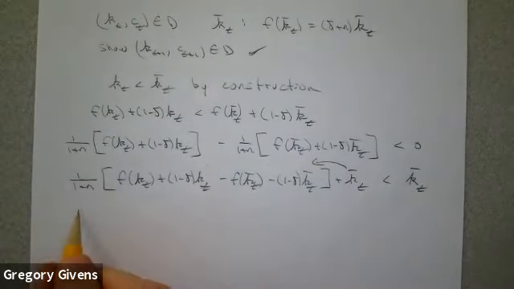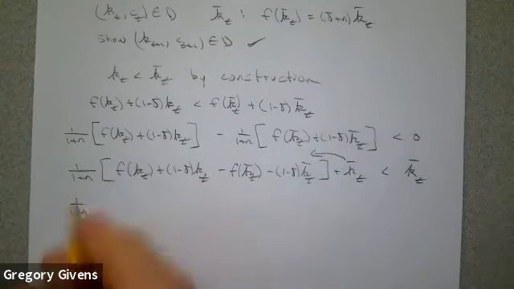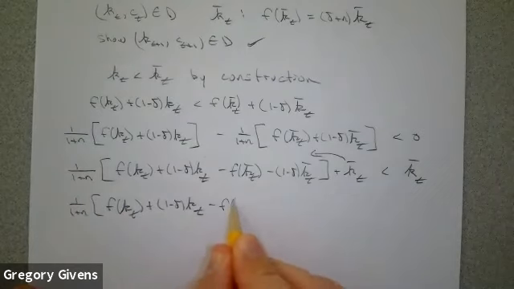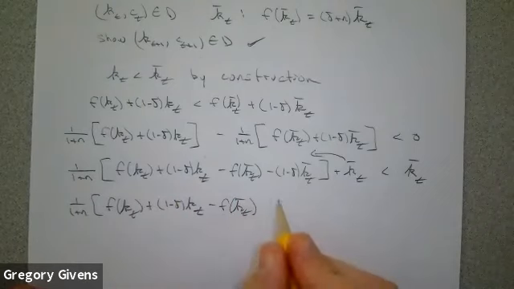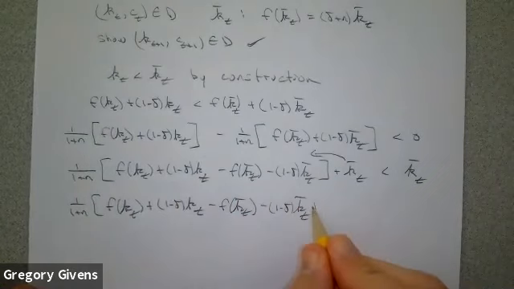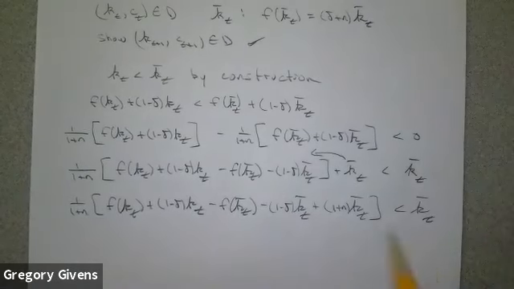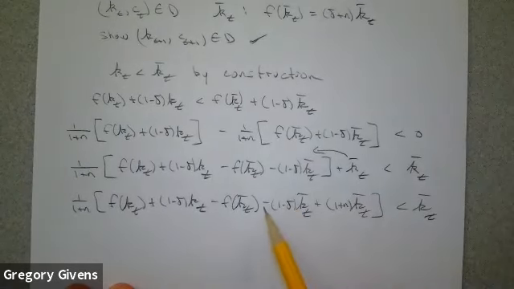And what do you get? 1 over 1 plus n times f of kt plus 1 minus delta kt, minus f of k bar, minus 1 minus delta k bar, plus 1 plus n k bar t, less than k bar. I'm doing this because some of it is going to cancel, right? Here's a minus k bar plus a k bar. So that one cancels with that one.